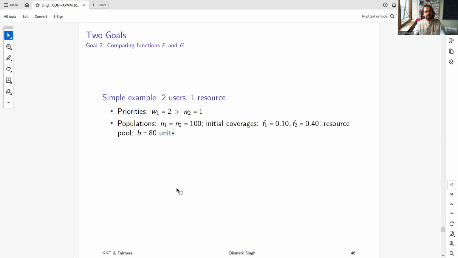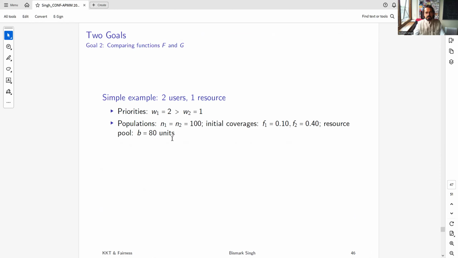A second direction that we are pursuing is to compare the different functions f and g. As a simple example, we've got two users and a single resource. The first user has a weight larger than the second. Let's say both users have populations of 100, and initial coverages of 10 and 40%.